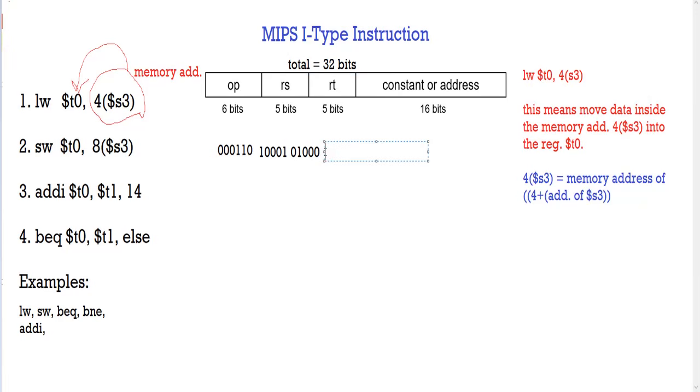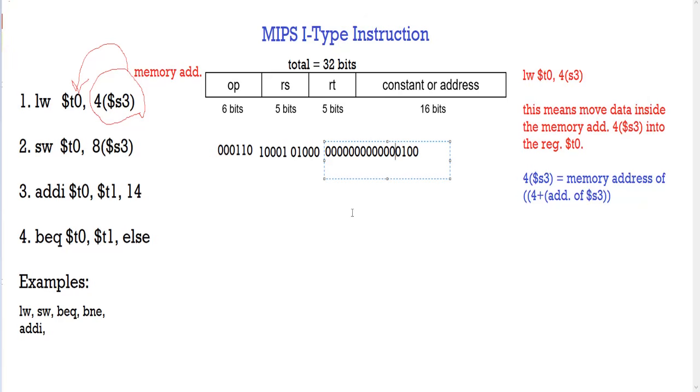Sign extending is just putting zeros to make up the number of bits that we need. So 0 0 0 0, 4, 8, then 4, 8, 12, and finally we have 0 1 0 0. This is what we're going to have to write to represent the number 4, which is our constant here.